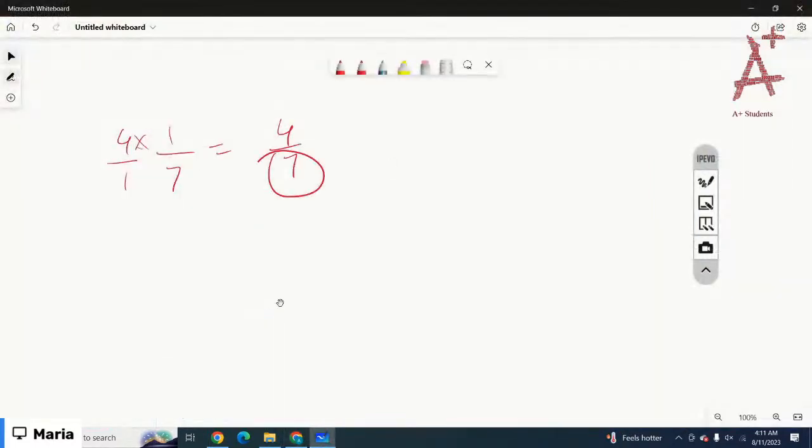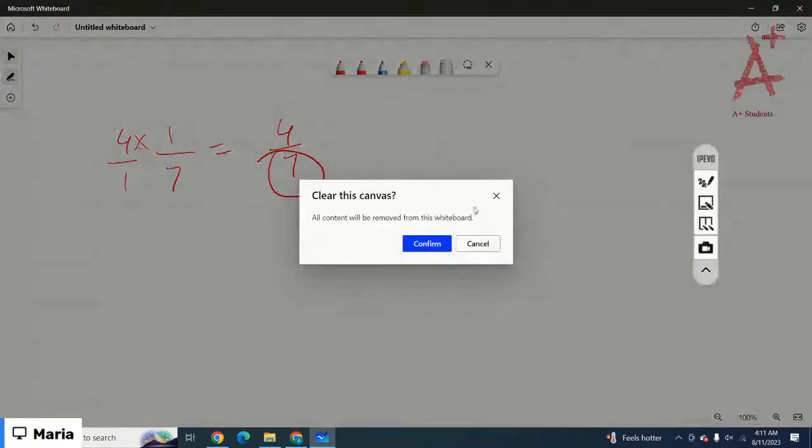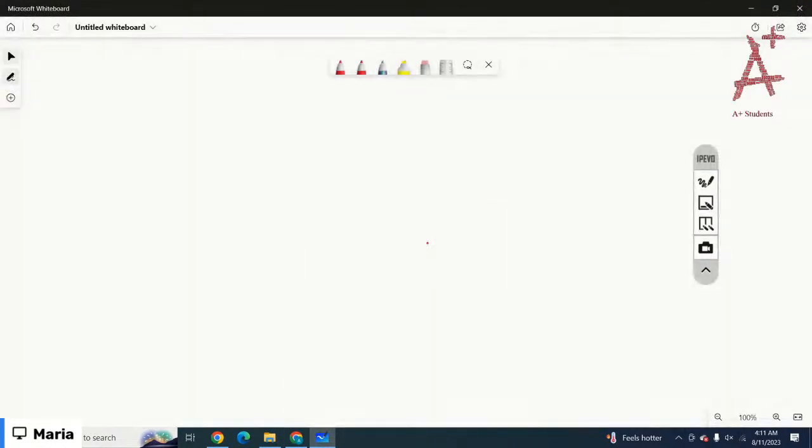Let's multiply them. You have to do numerator times numerator and denominator times denominator. 2 times 1 is 2 and 3 times 1 is 3. That means the model has a total of 3 portions, and out of 3, 2 of them are colored.